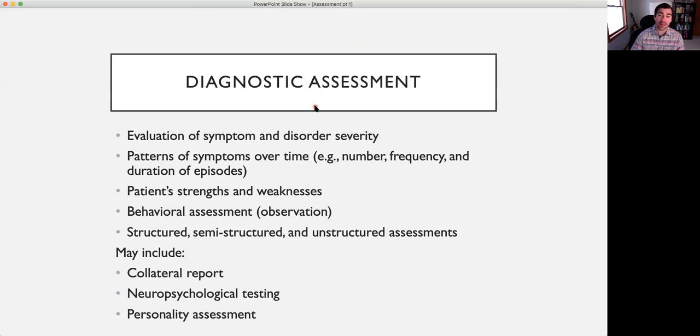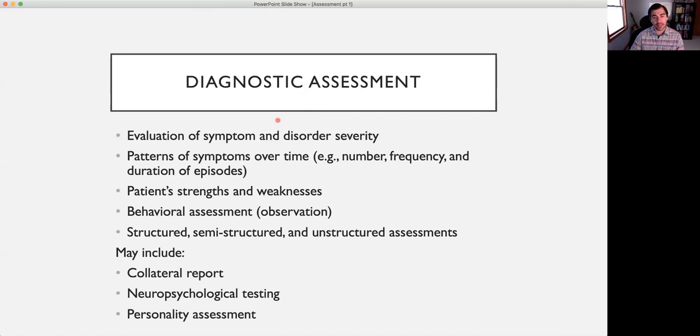Screenings are supposed to be fast. They're supposed to be as little burden as possible to people. Diagnostic assessments tend to take more time. Screenings may be a matter of minutes, and diagnostic assessments may take hours. They may take multiple sessions of a person coming in and doing testing, and so it can sometimes take up to even 8 or 10 hours, depending on the referral question.